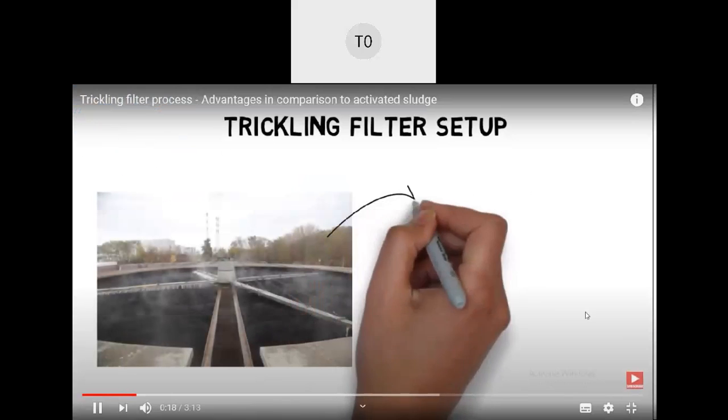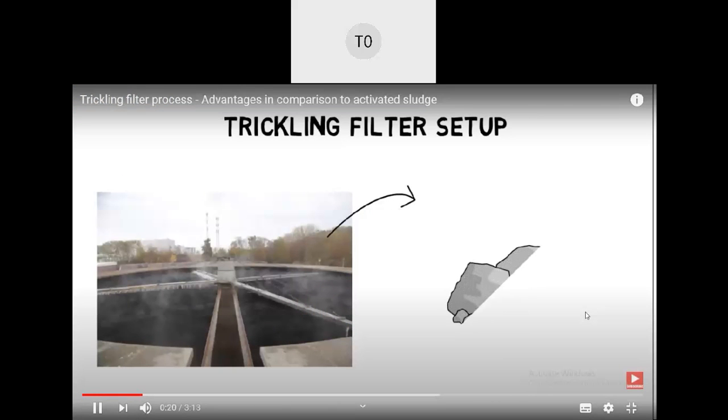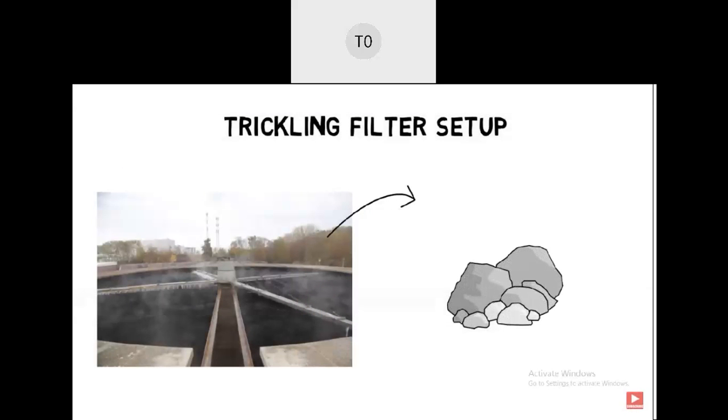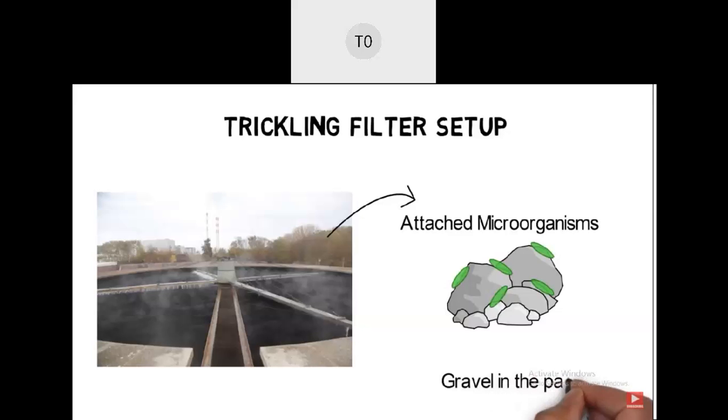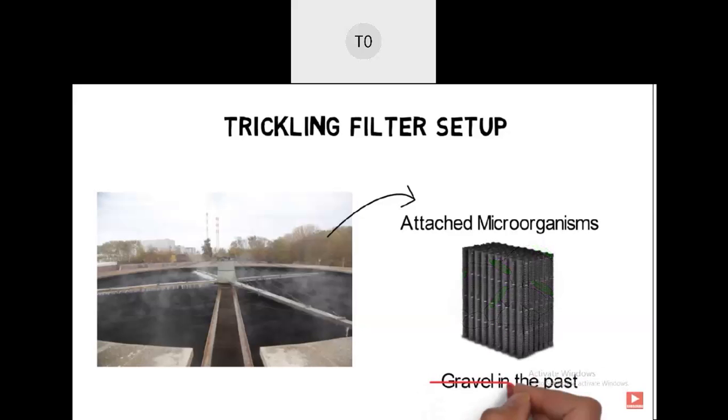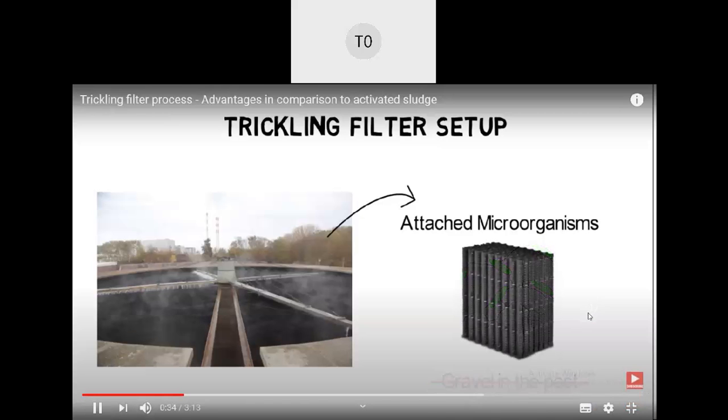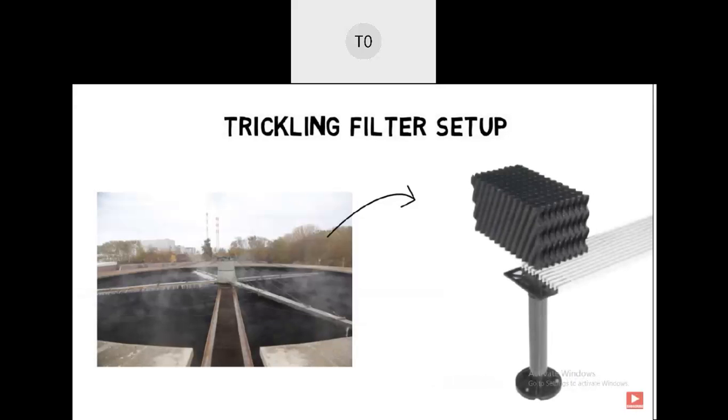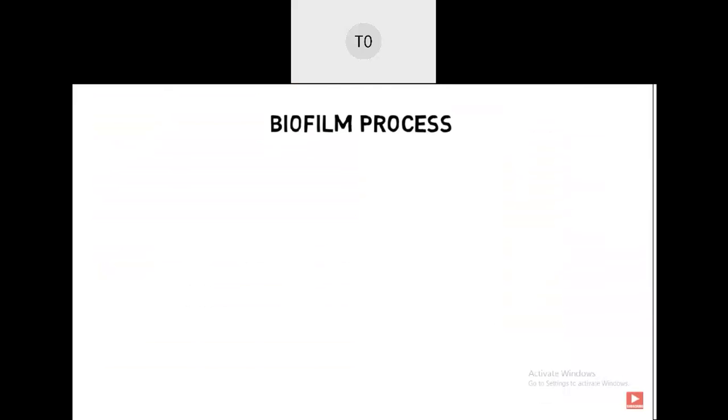Trickling filters, also known as biofilters, are normally a fixed-bed biological reactor operating in aerobic conditions. In the filter, microorganisms are attached to the inert packing material, which was composed of rocks or gravel in the past and is nowadays a wide range of plastic film media. Film media support is placed on the tank bottom, with wide openings that allow a good air and water mixing.